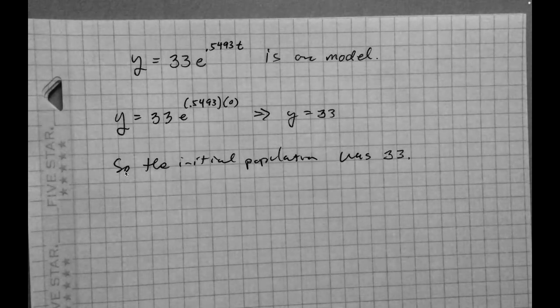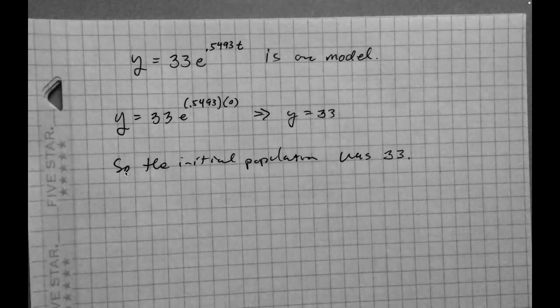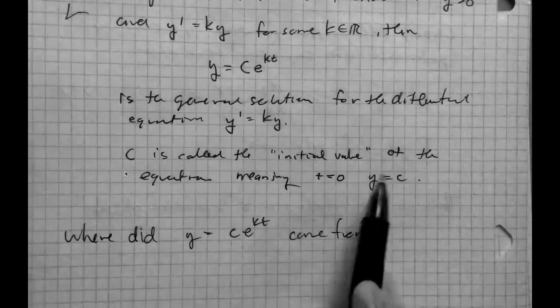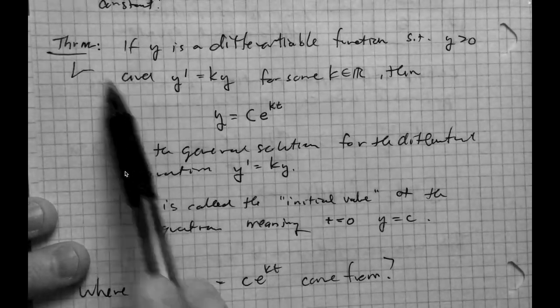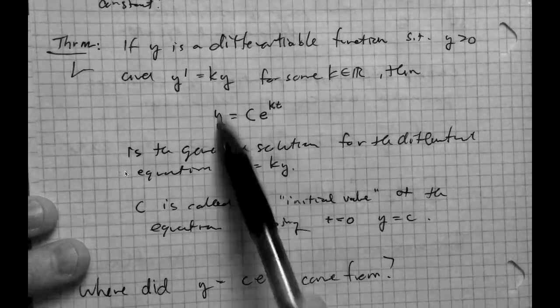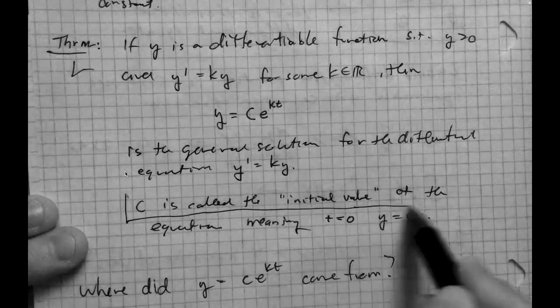All right, so that's the idea here. I don't remember if I used the terminology. Let me look back at my notes. Yeah, I did actually. Good. When we were talking through the theorem regarding this being the general solution to this differential equation, I did say that C is called the initial value.